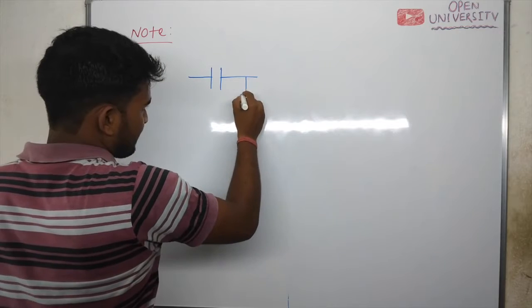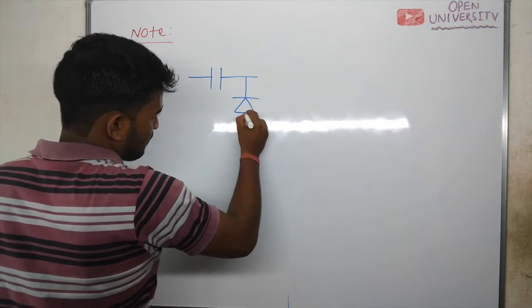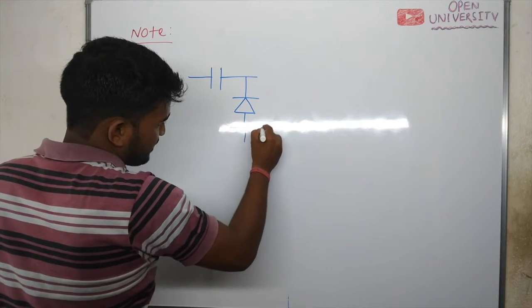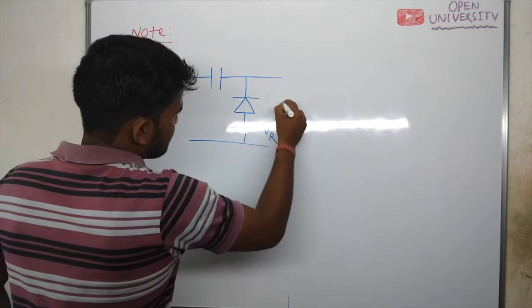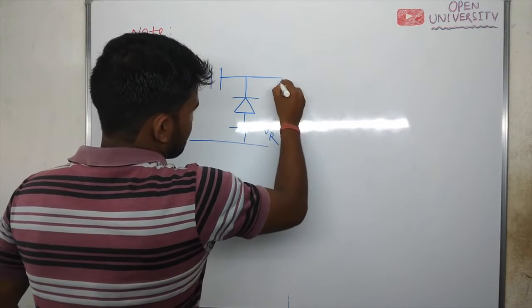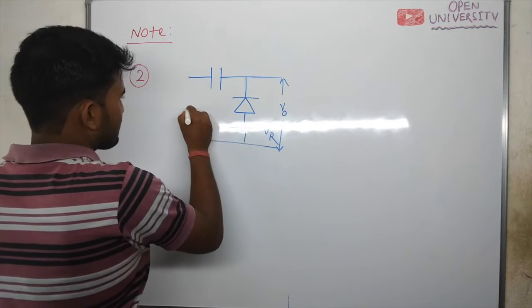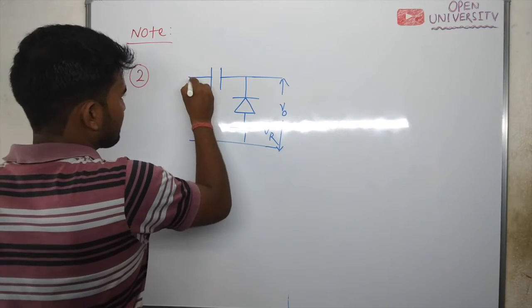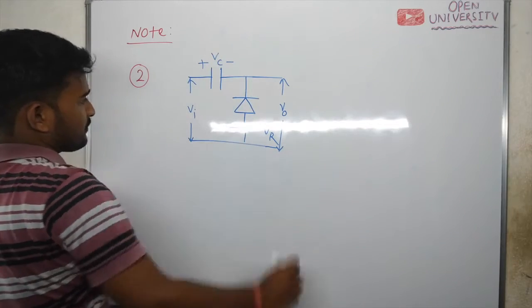If the circuit is given like this, this is your reference voltage VR, this is the output voltage V naught, this is your input voltage Vi, and this is the voltage across the capacitor.